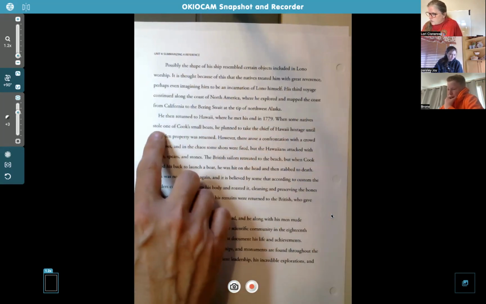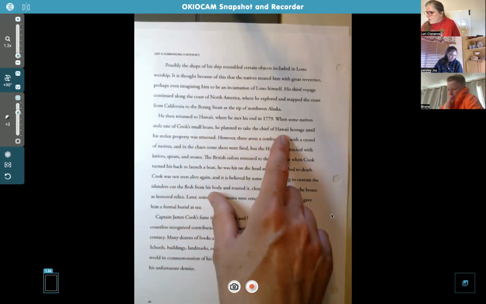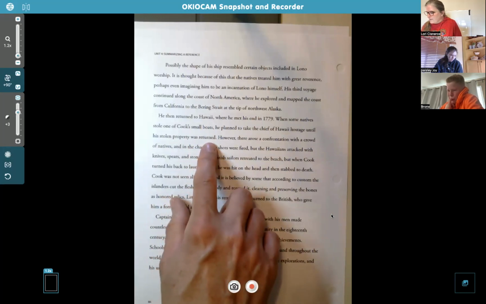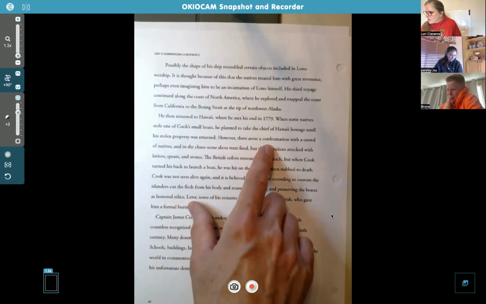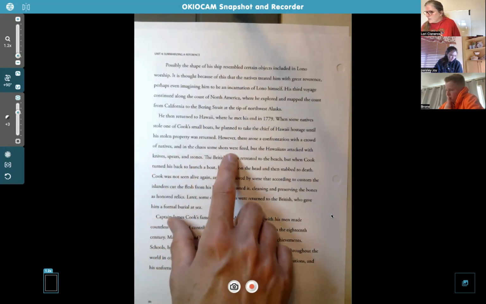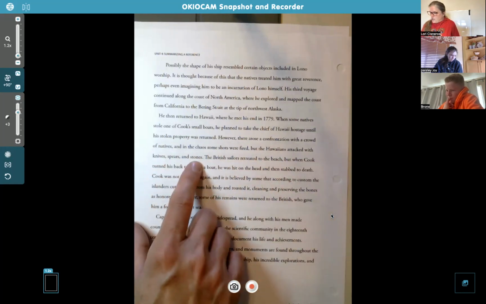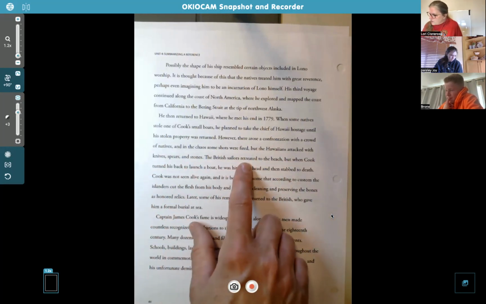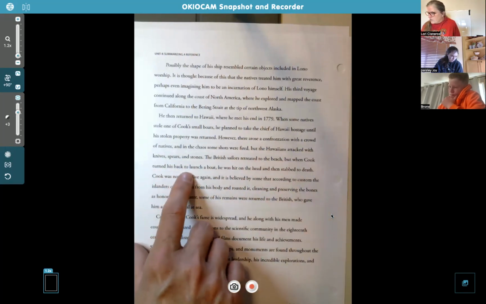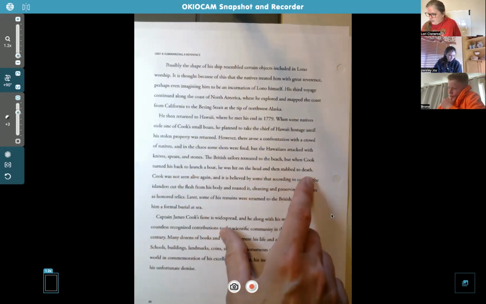When some natives stole one of Cook's small boats, he planned to take the chief of Hawaii hostage until his stolen property was returned. However, there arose a confrontation with a crowd of natives, and in the chaos, some shots were fired, but the Hawaiians attacked with knives, spears, and stones. The British sailors retreated to the beach, but when Cook turned his back to launch a boat, he was hit on the head and then stabbed to death.